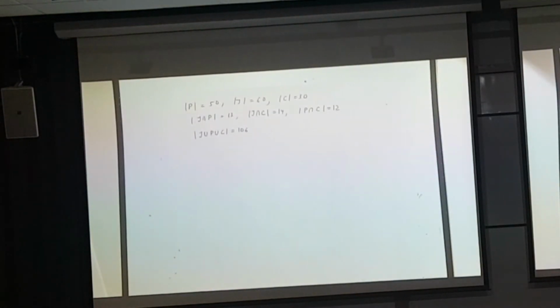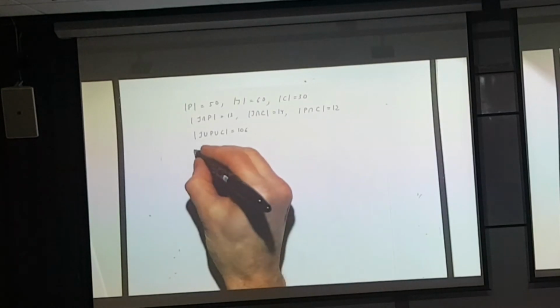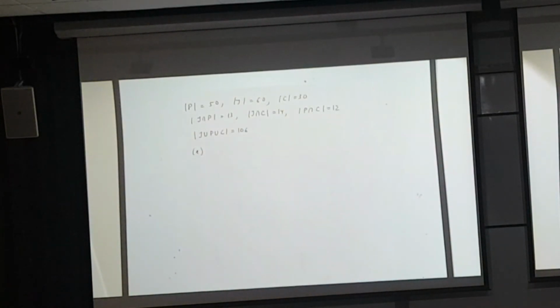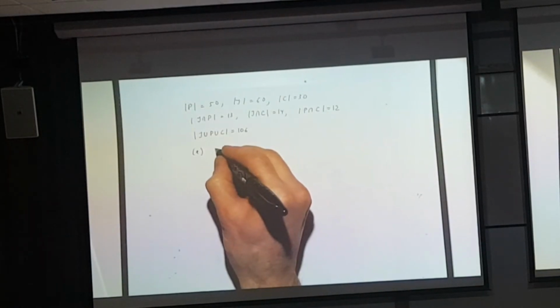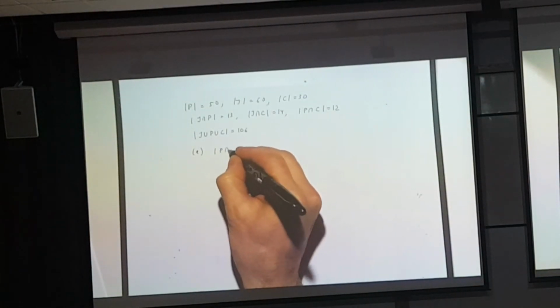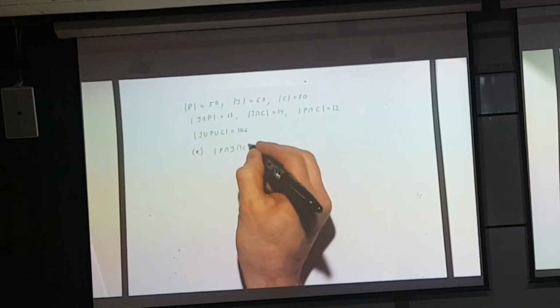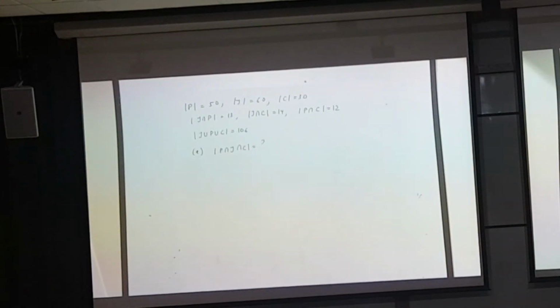Okay? So, in part A, what are we asked to find? Find the number of students who took all three languages. So we are after P intersection J intersection C. Okay.